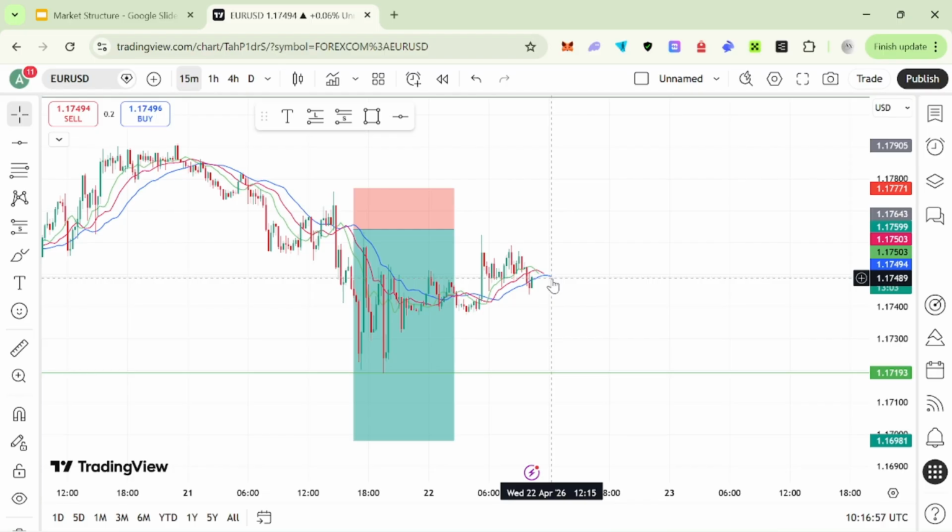You understand? And then you could also have a new setup. For instance, this point is a point of resistance. So if price eventually comes all the way up here and gives us a signal at this point, obviously that means we should get in on this trade. But mind you, you should never be risking more than 1% on a single pair. So what pair is this? This is EUR/USD.